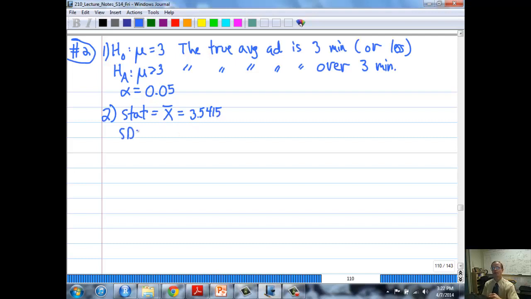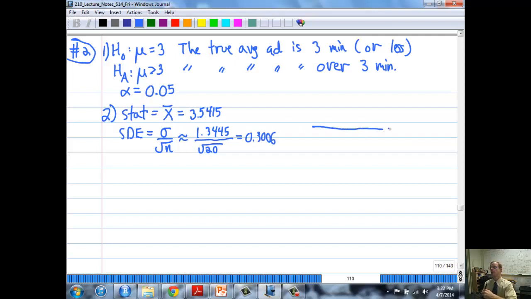My standard error then is sigma over root n, which we are approximating with 1.3445 divided by the square root of 20. And so for that I get 0.3006.